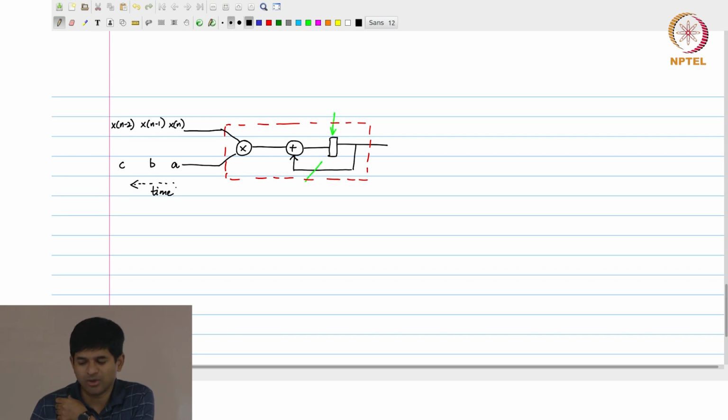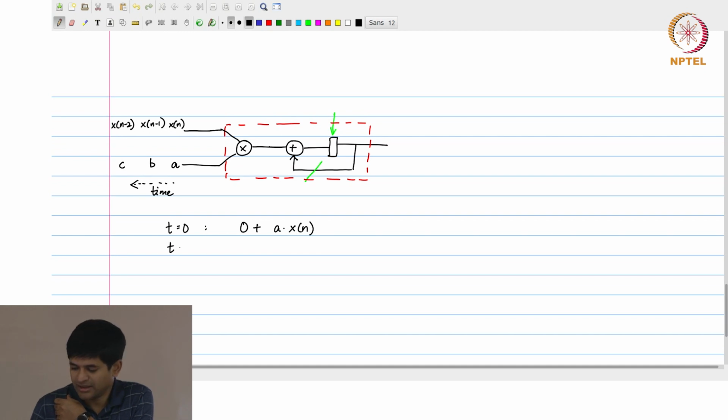So the first time around x of n into a, then next clock cycle x of n minus 1 into b, next clock cycle x of n minus 2 into c. What is happening here? X of n into a comes out here, goes through the adder. As long as the register initially has a value of 0, 0 plus a into x of n.